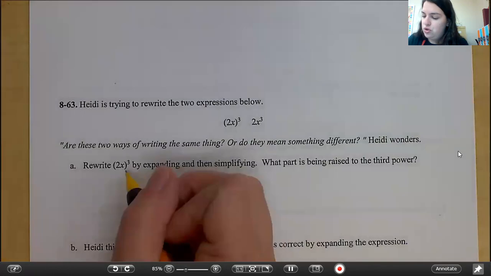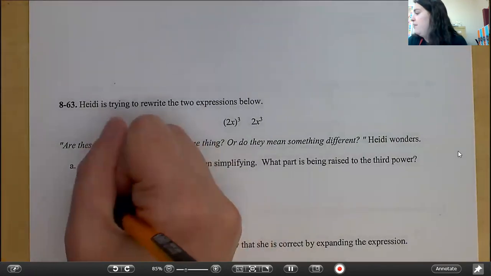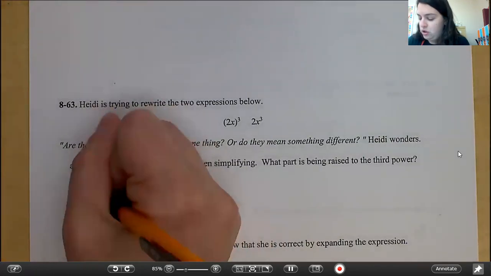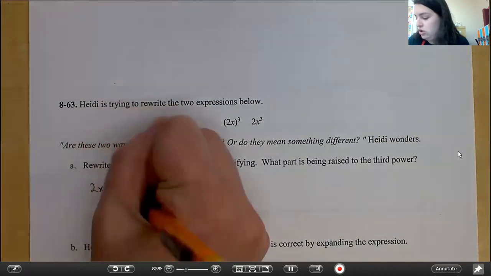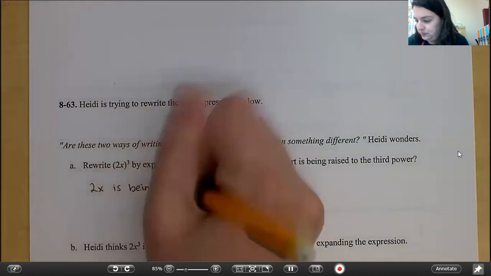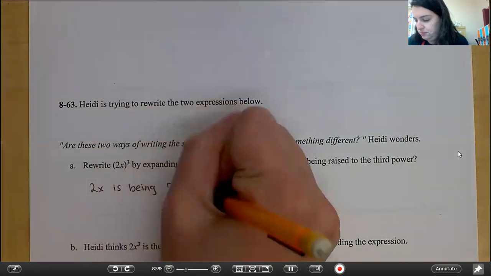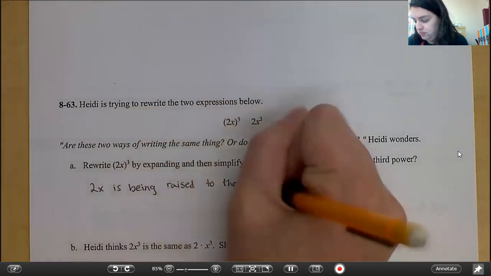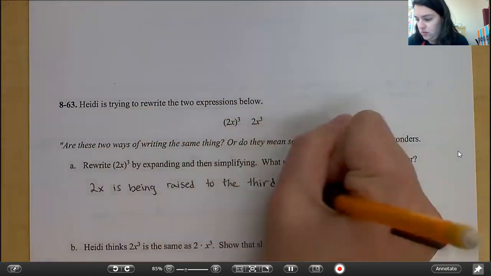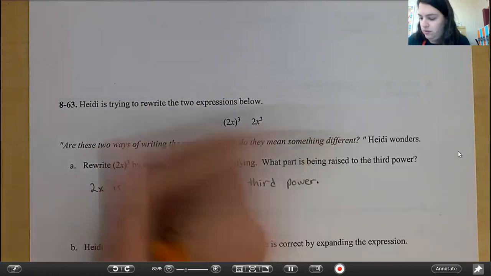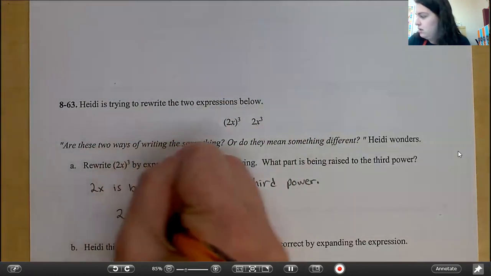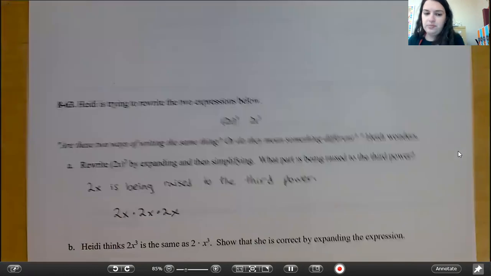Okay, so (2x) to the third, that means 2x is being raised to the third power. So that means we have 2x times 2x times 2x.